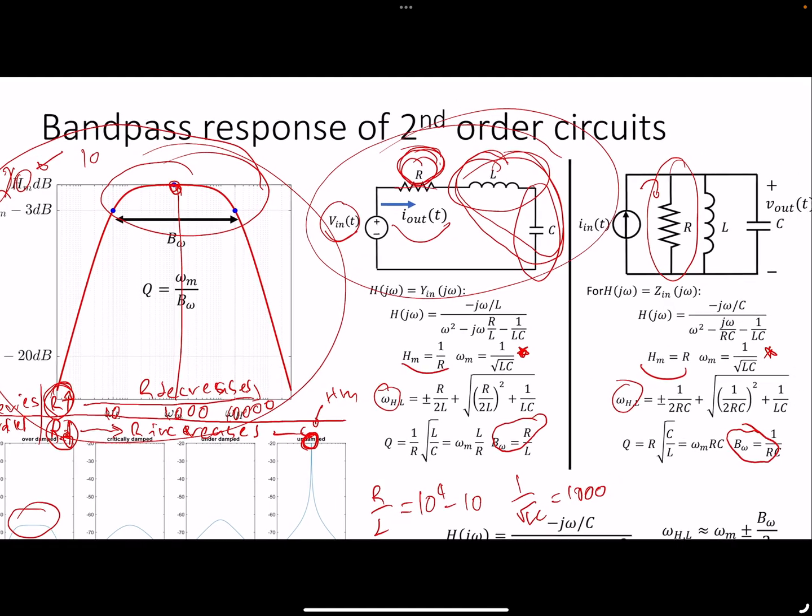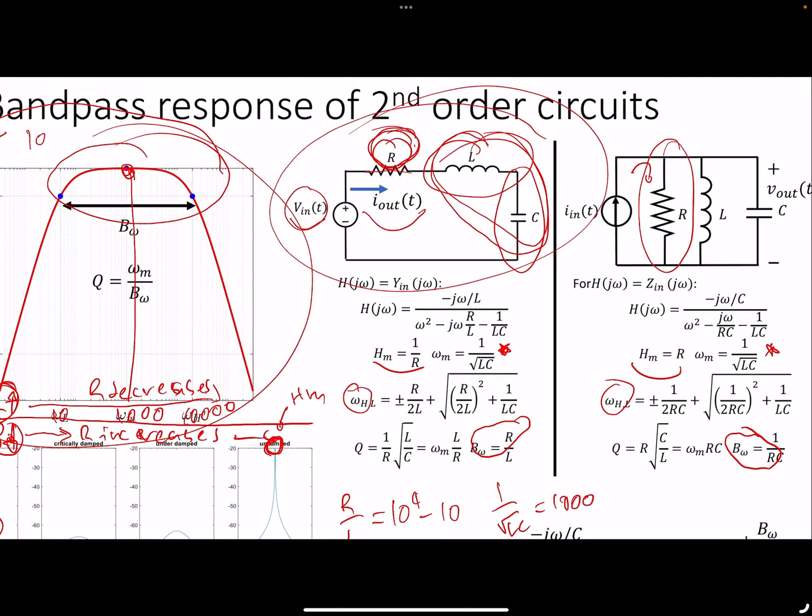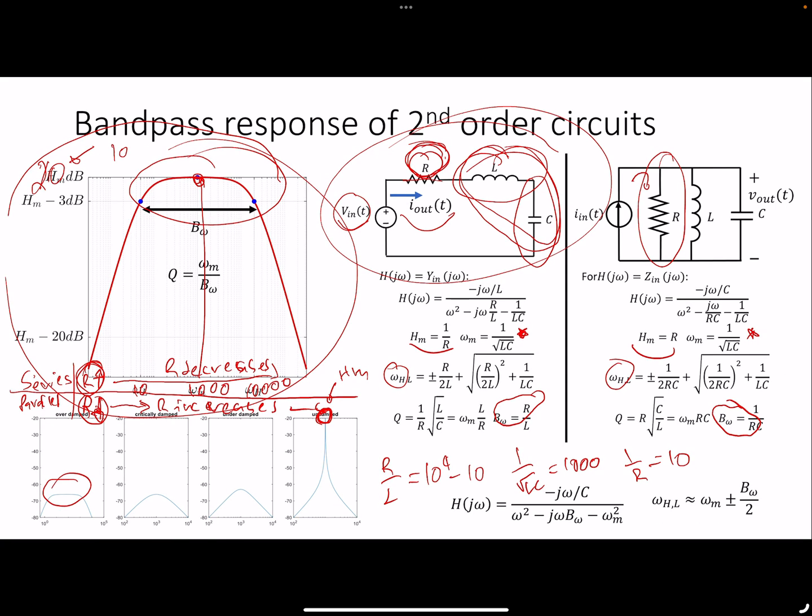So you're going to get that 1 over R equals 10. And so from this, just by looking at this plot and me telling you that this is a series configuration, you should be able to determine R, L, and C. Does that make sense?